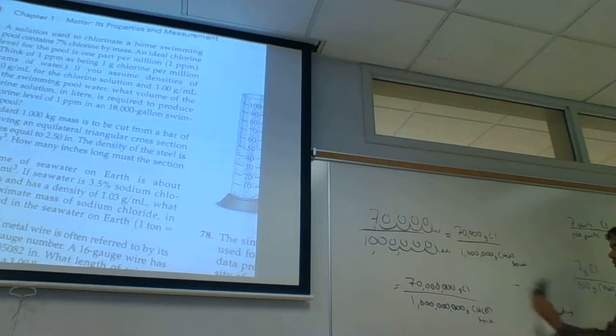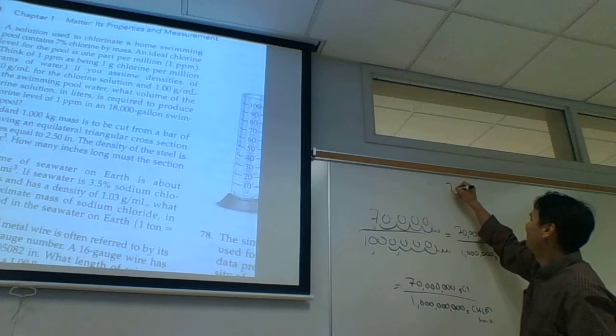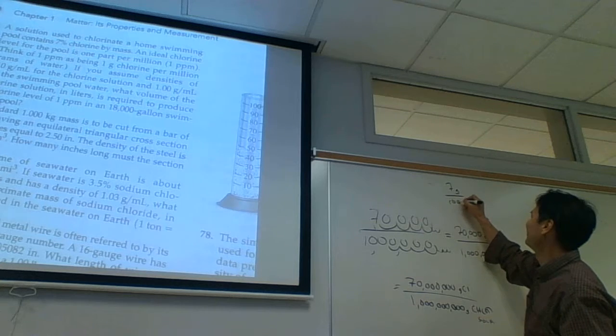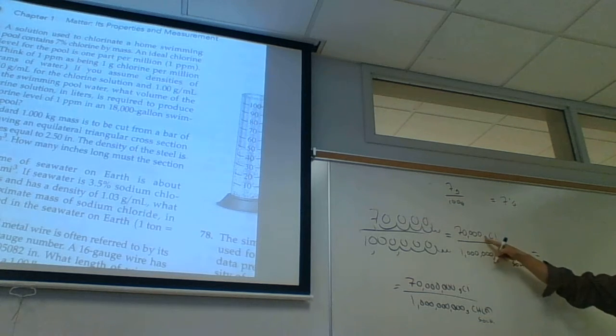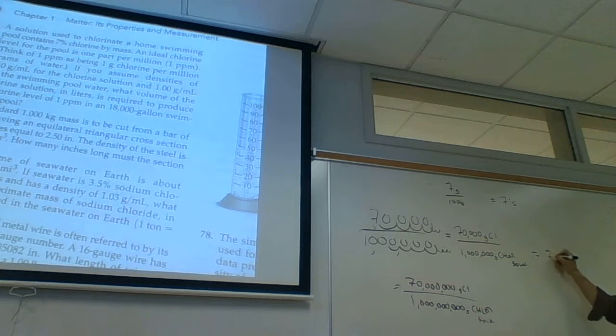And so we come up with this. We come up with 7 grams per 100 grams. This is equal to 7%. If we have 70,000 grams per million grams, this is 70,000 ppm, parts per million.